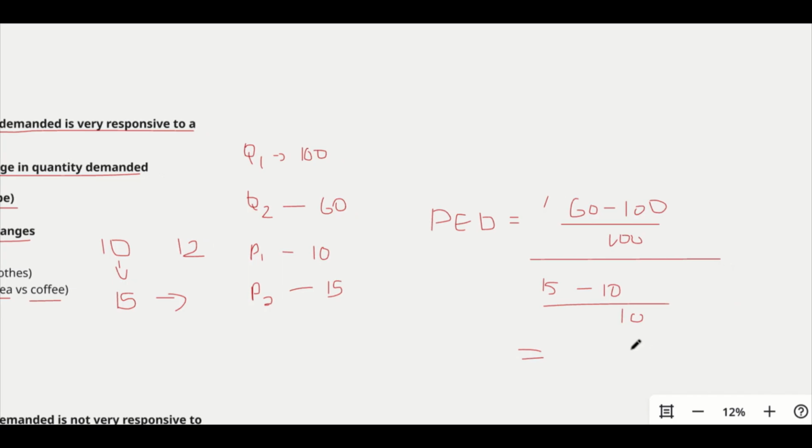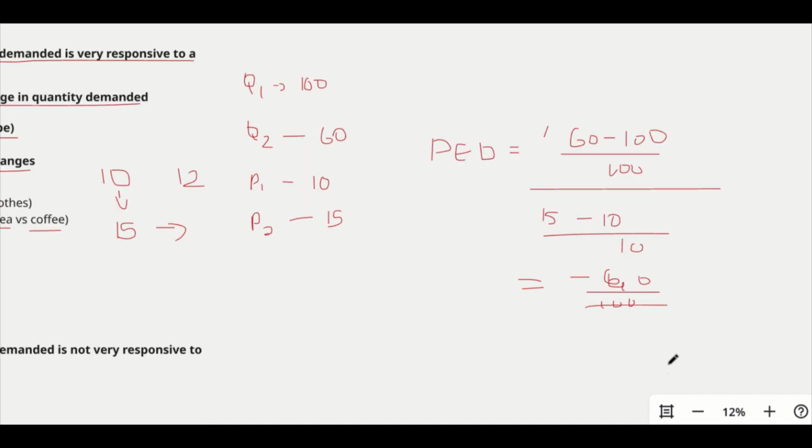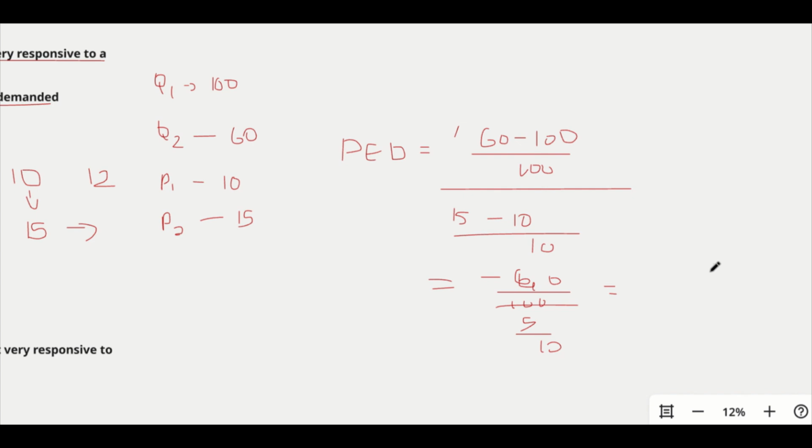That will be 60 by 100, all divided by 5 by 10. You can solve it as numbers. So maybe 6 by 10 divided by 5 by 10. So it will be 6 by 5.